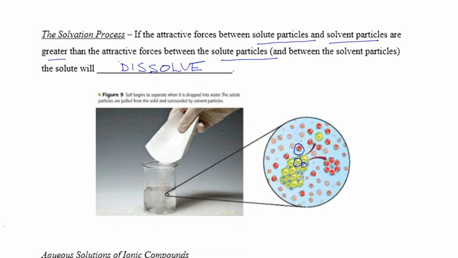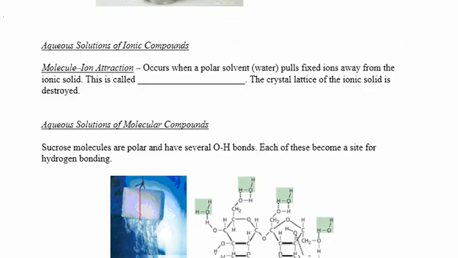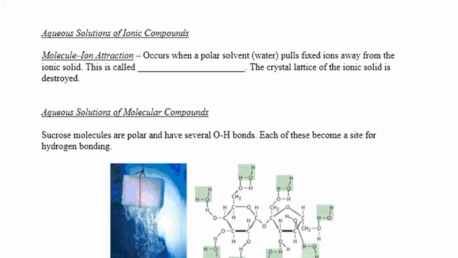So this is described in this next section, aqueous solutions of ionic compounds. We call it a molecule-ion attraction. The molecule is water, a polar solvent. The ion is the ionic solid, like we saw above.